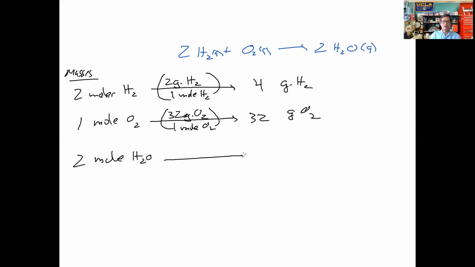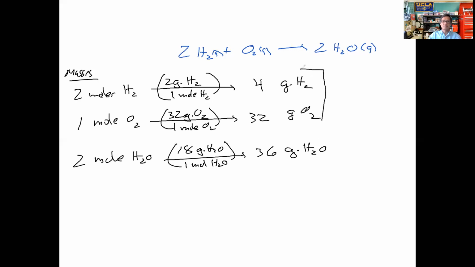We want to find the mass of water equivalent to it. Water is going to be 18 grams of water for every 1 mole of water, and that'll give us 36 grams of water.